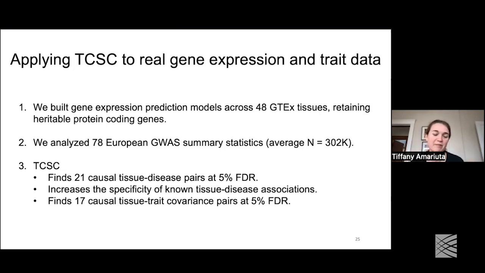While previous methods, or the previous understanding even in the literature of some tissue-specific biology, had implicated these groups of tissues, TCSC is now able to pinpoint one within the umbrella. And lastly, TCSC finds 17 causal tissue trait covariance pairs at 5% FDR. This is the cross-trait analysis.